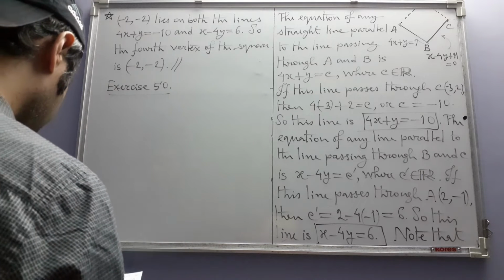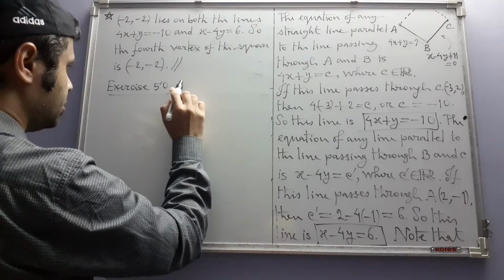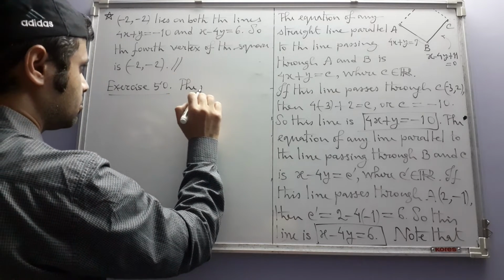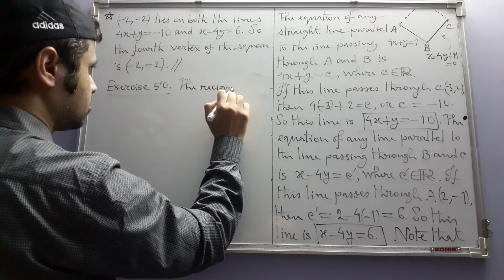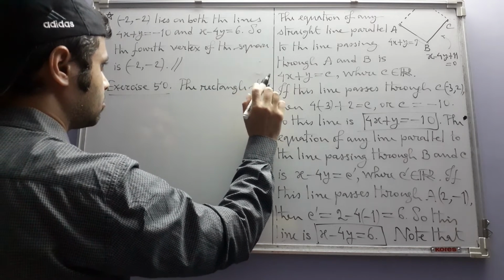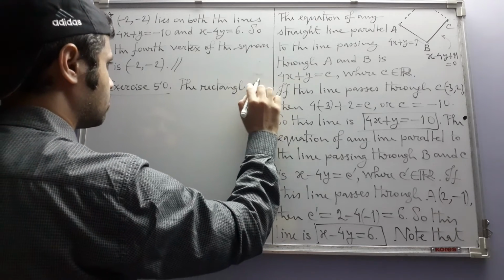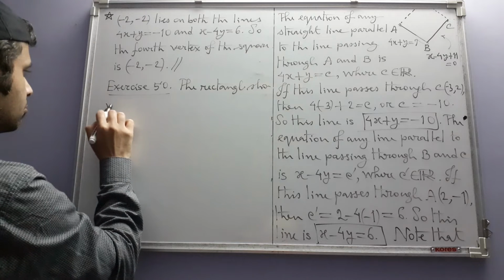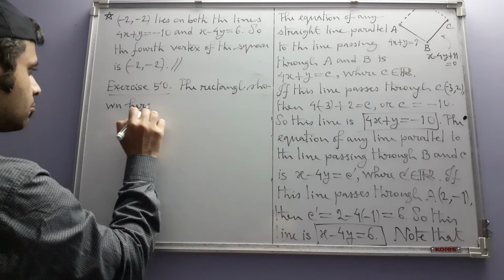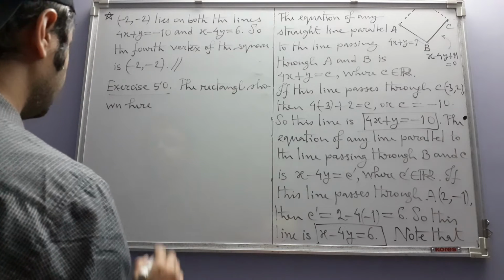Exercise 50. The rectangle shown here, there is a figure. Has sides parallel to the axis.